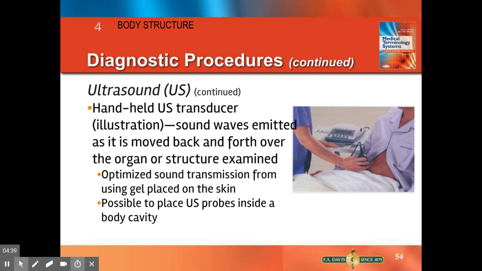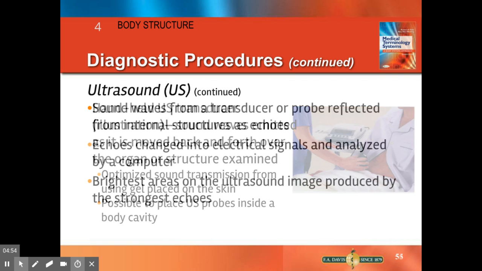Sometimes we have to use internal probes very early on in pregnancy, or for other lower abdominal masses.